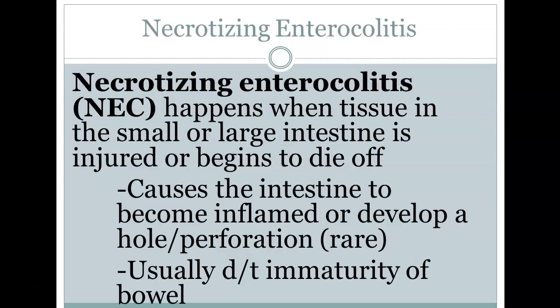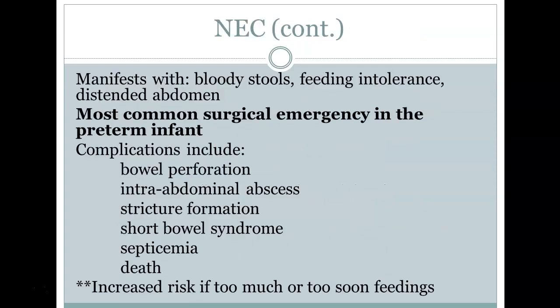Necrotizing enterocolitis happens when tissues in the small or large intestine are injured and begin to die off. This causes the intestines to become inflamed and develop a hole or perforation, which is rare, but it can occur. It's usually due to the immaturity of the bowel.